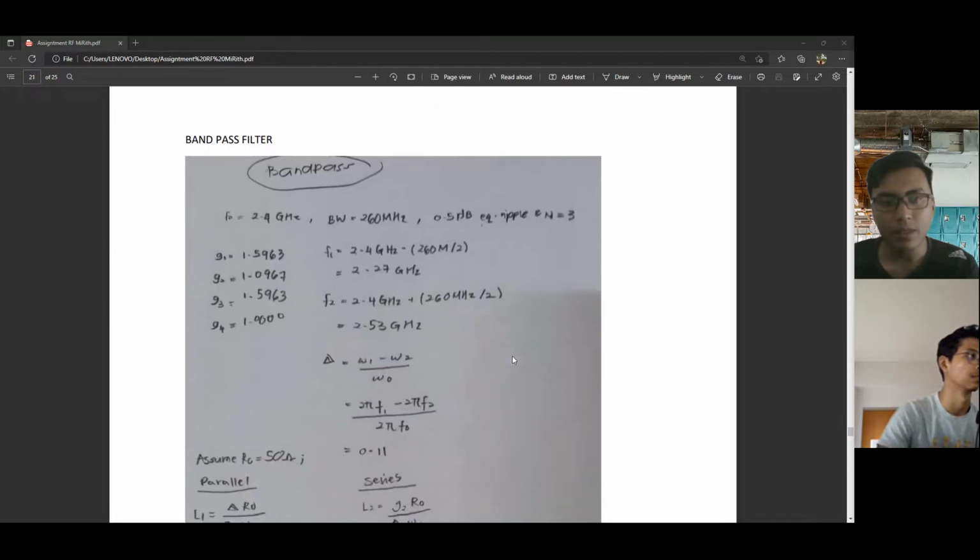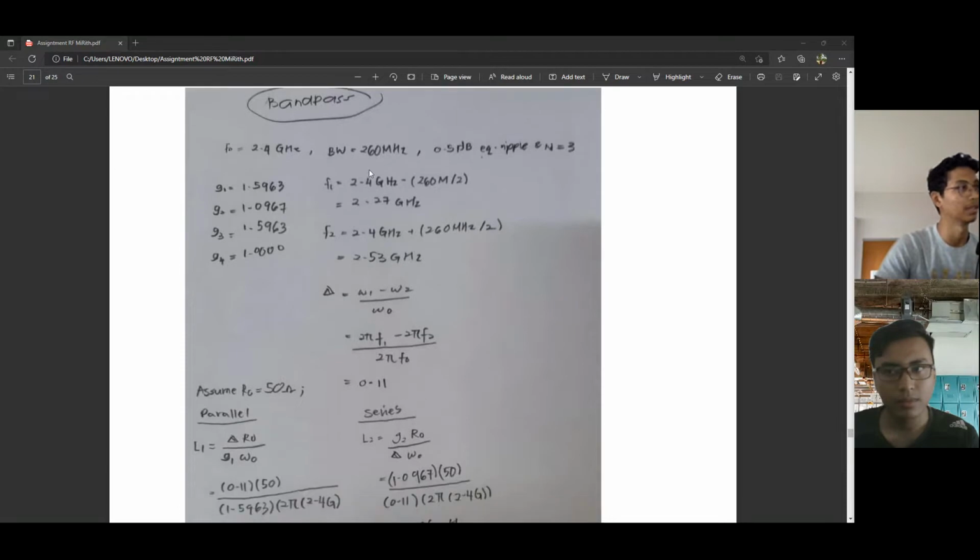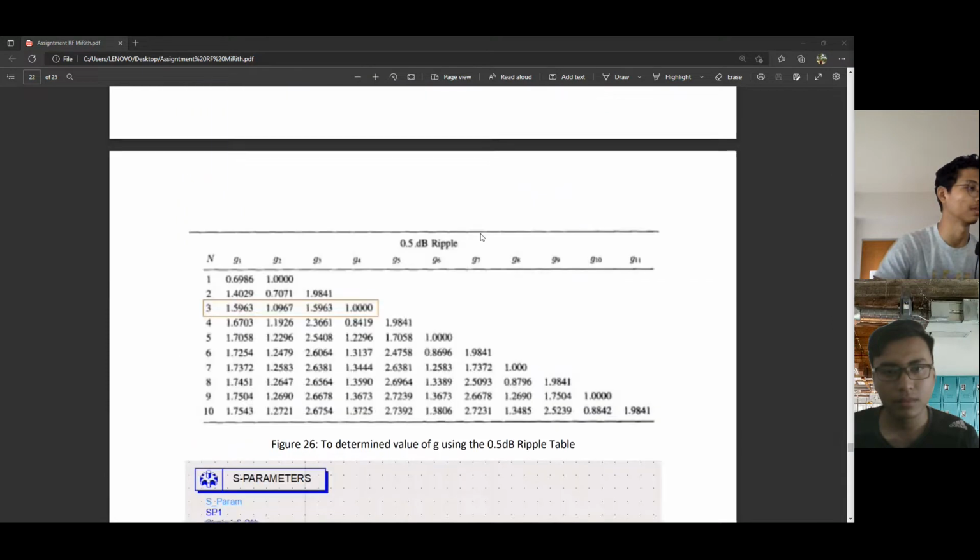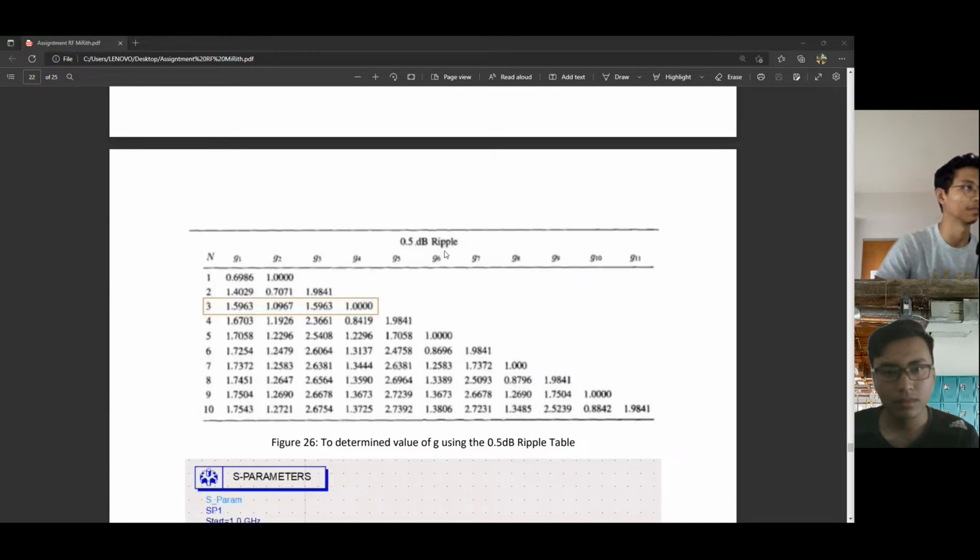So next, with the bandpass. For the calculation of the bandpass filter, the question gave the center frequency, which is 2.4 gigahertz, and the bandwidth 260 megahertz, and 0.5 dB equal ripple with n equal to 3. So referring to the table of 0.5 dB ripple, we get 4 key values.